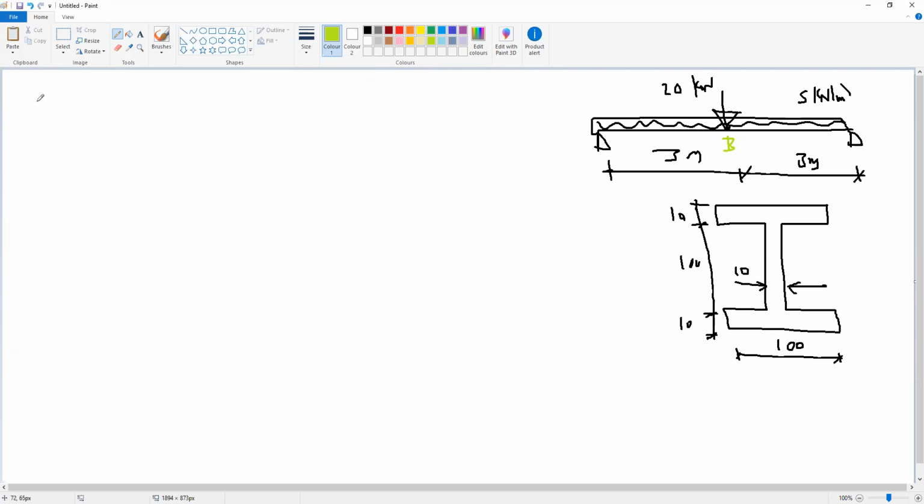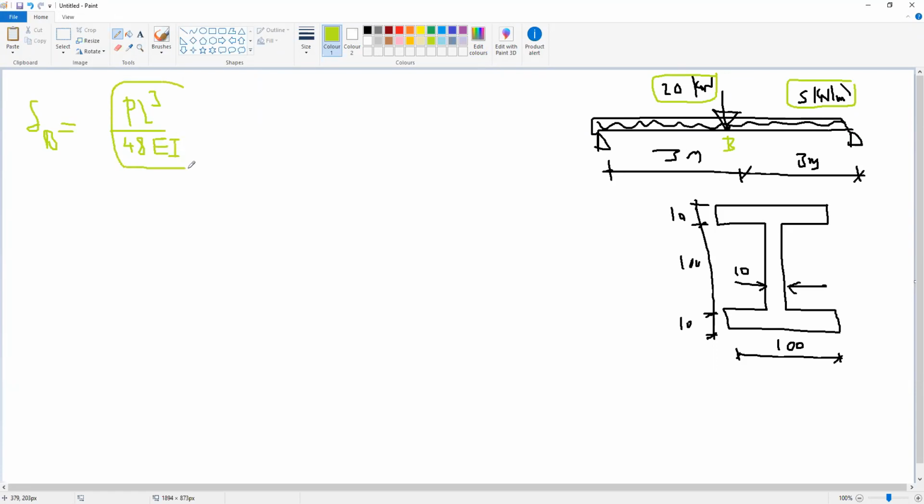To find the deflection at B, delta B will be the superimposition of the 2 cases we have for a simple beam, because we will have deflection from the concentrated load and deflection from the uniform load. So delta B will be P L to the power 3 divided by 48 EI.